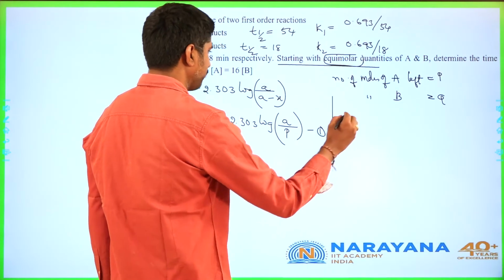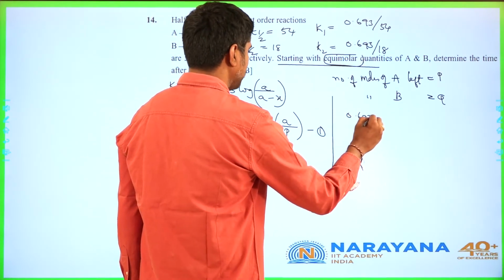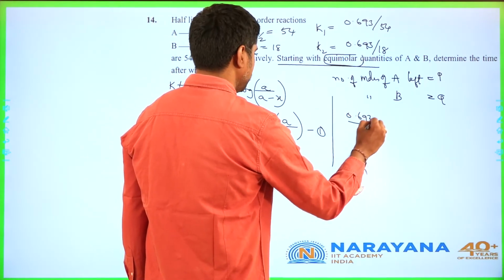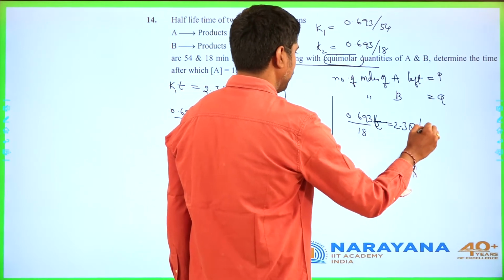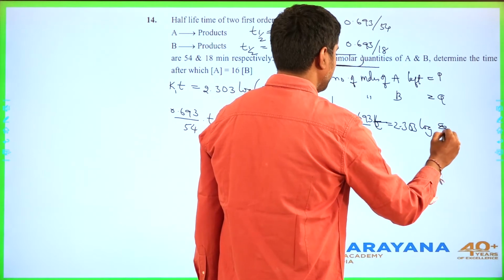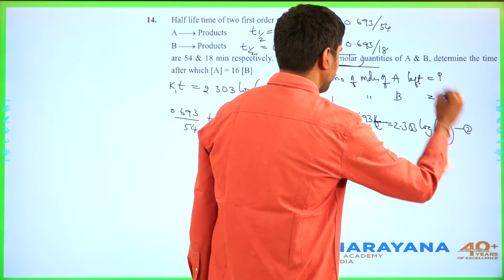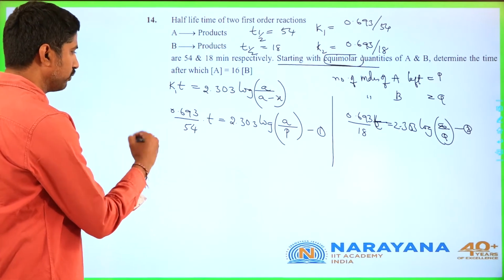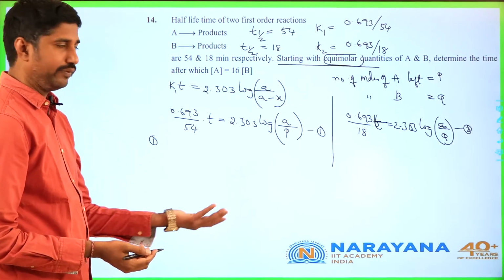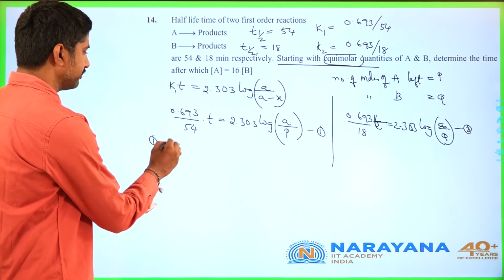Similarly for B, if you apply, 0.693 by 18 into T is equal to 2.303 log A by Q. Take it as equation 2 and write 2 minus 1. If you write 1 minus 2 or 2 minus 1 and simplify, the answer will be the same.